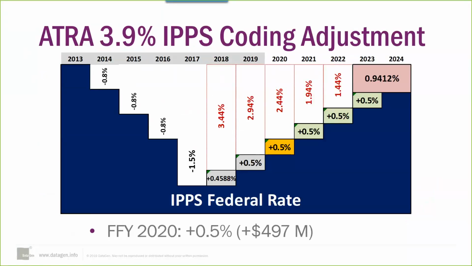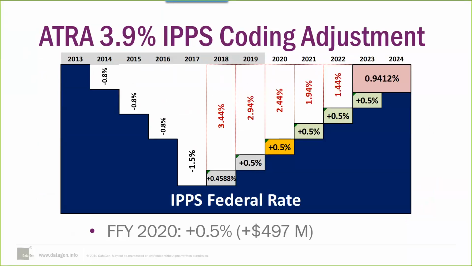2020 is also the third year of the retrospective adjustment for the ATRA 3.9% coding adjustments. For those that may not recall, the ATRA reduction was meant to offset payments that hospitals should not have received due to coding changes.